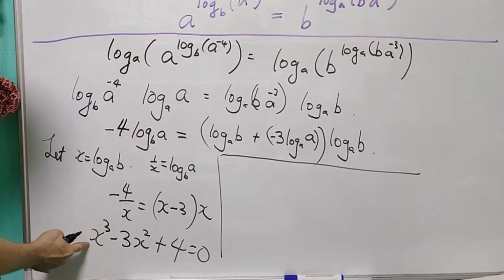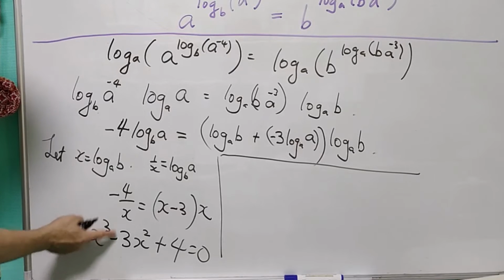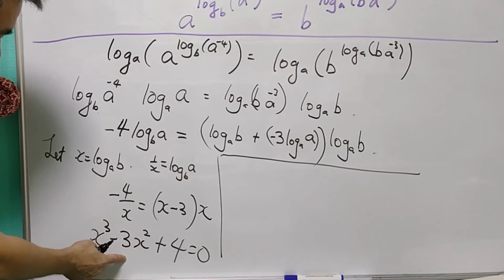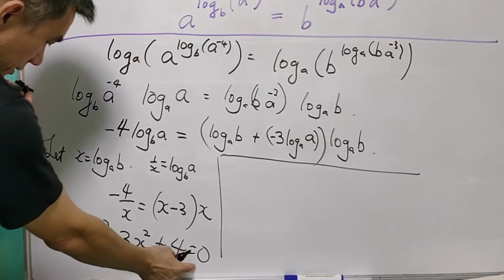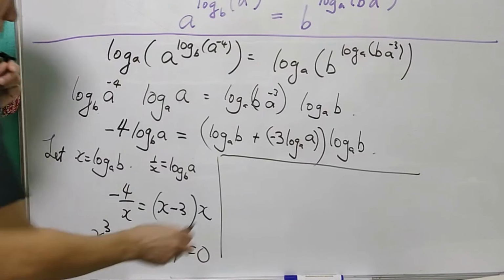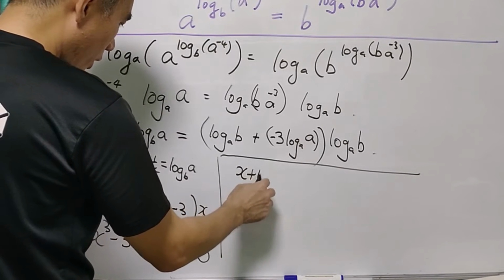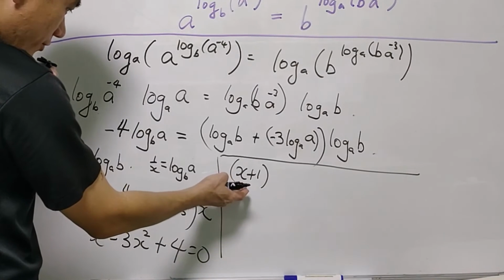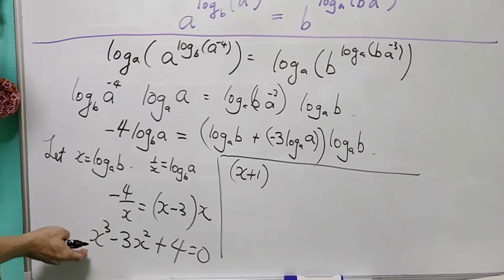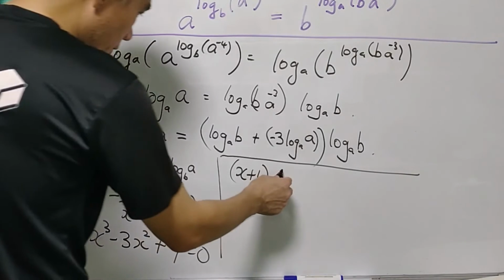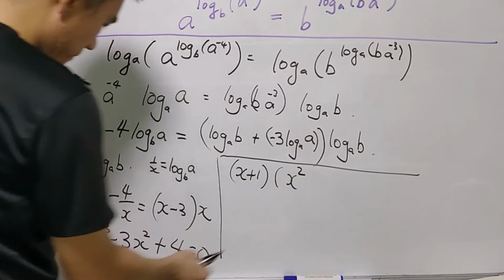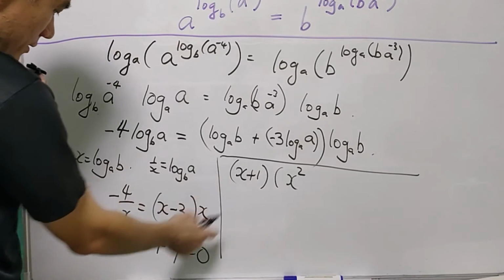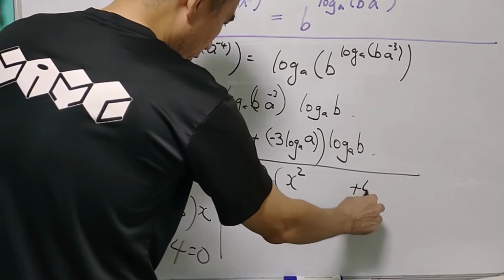Note that when x equals -1, this is -1 minus 3 plus 4, which is equal to 0. And therefore, x plus 1 is one of the factors. Since x plus 1 is one of the factors, and this is a degree 3 polynomial, we are left with x squared, and this is 1, this is 4, it should be a 4 here.